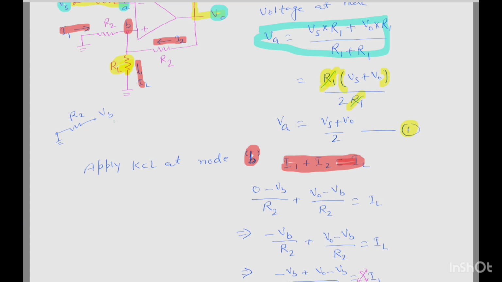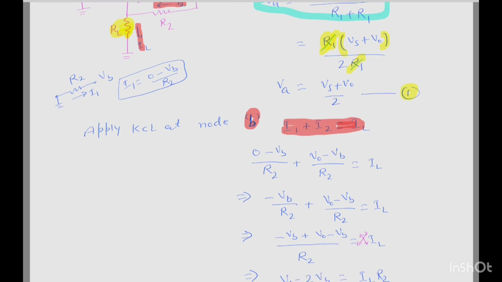The current I1 flows from low potential to high potential. I1 is equal to 0 minus VB upon R2. This is the current in R1. Similarly, I2 is equal to V0 minus VB upon R2, equal to IL. So 0 minus VB upon R2 plus V0 minus VB upon R2 is equal to IL.